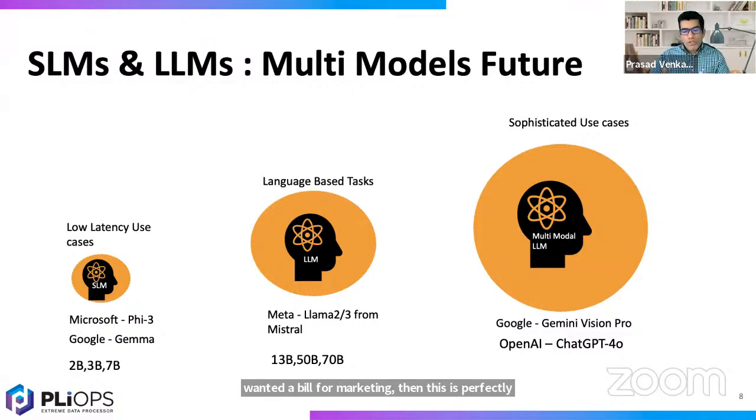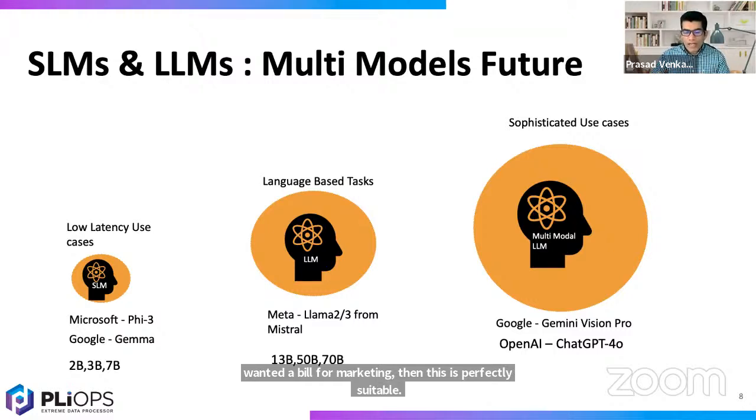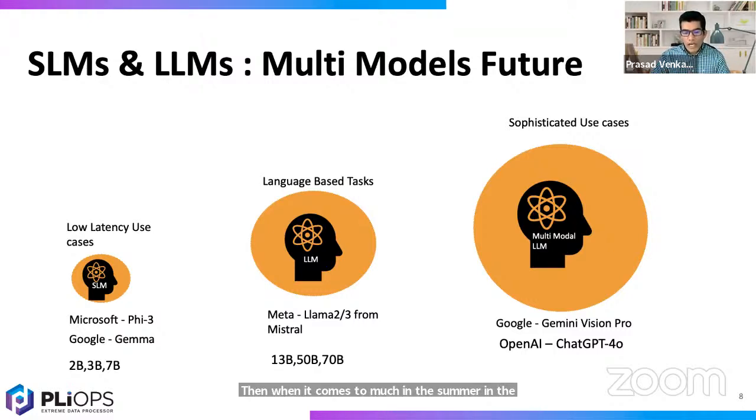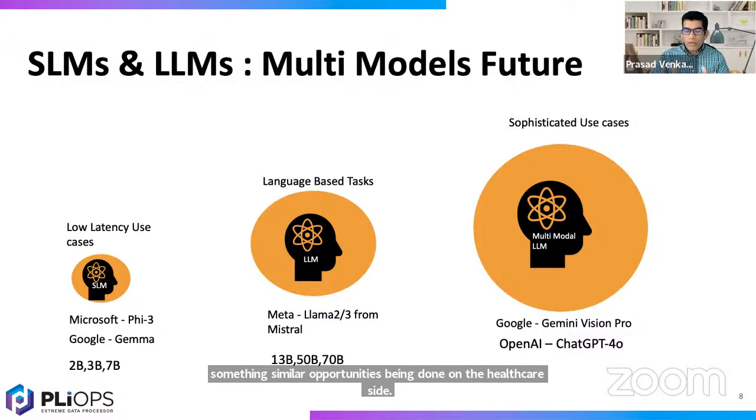Then when it comes to somewhere in the middle, right? For example, Bloomberg has built a FinGPT model, customized and fine-tuned more for the fintech world. Something similar is being done on the healthcare side, where it's a very domain-specific model, right?